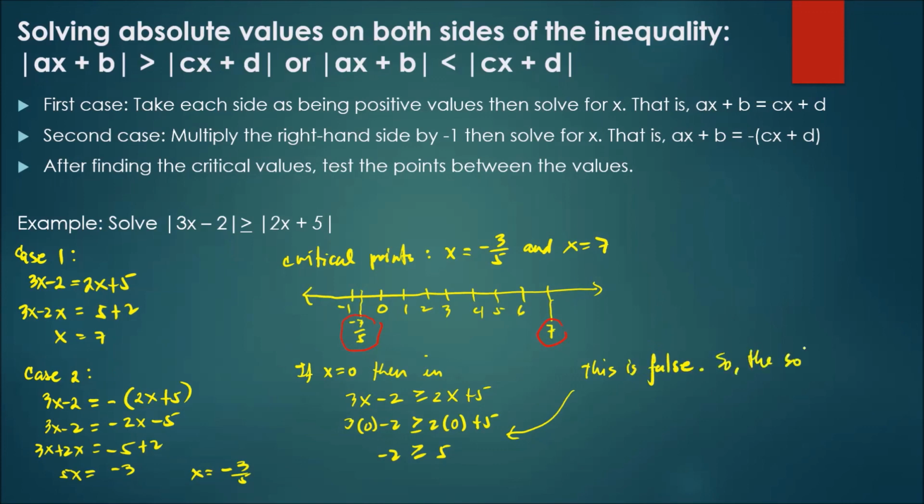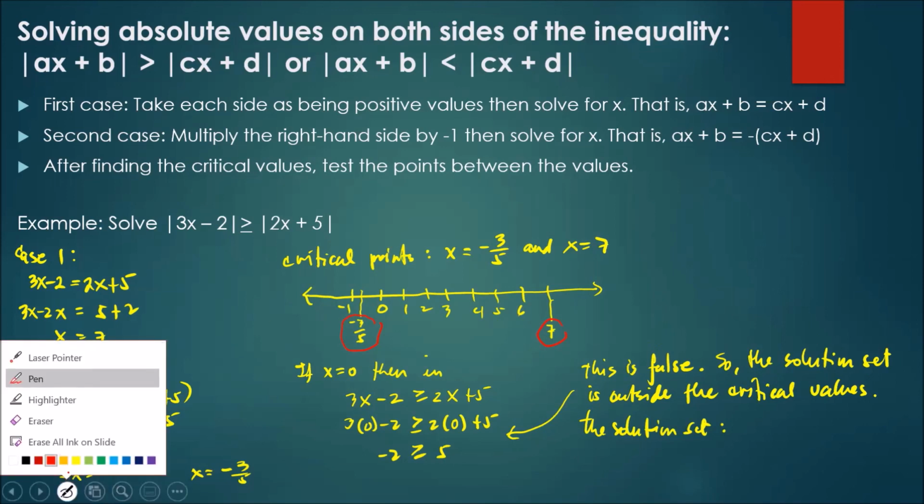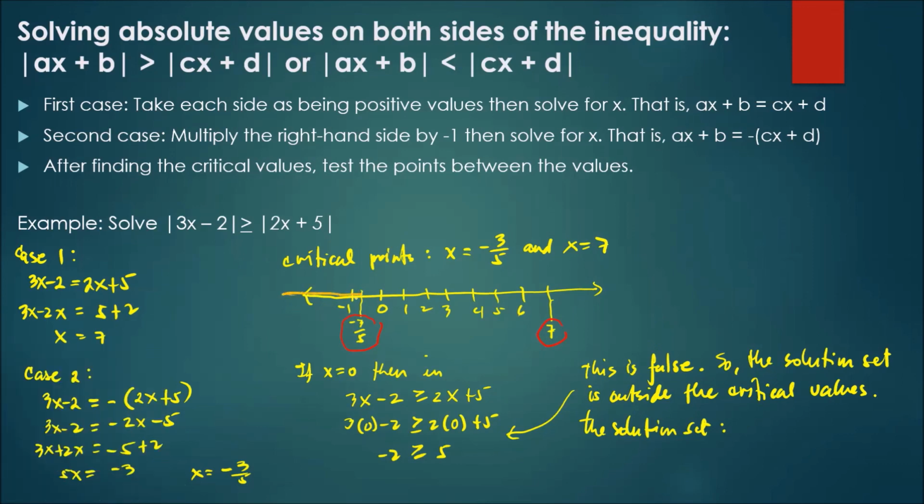So the solution set is outside the critical values. Therefore, the solution set would be this part and that part, not in between, okay?